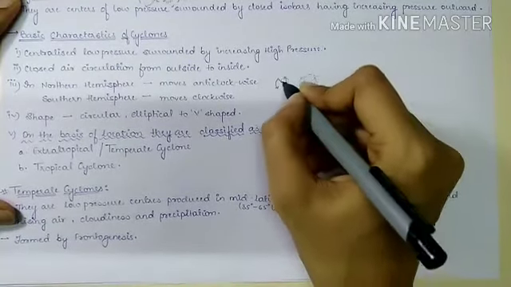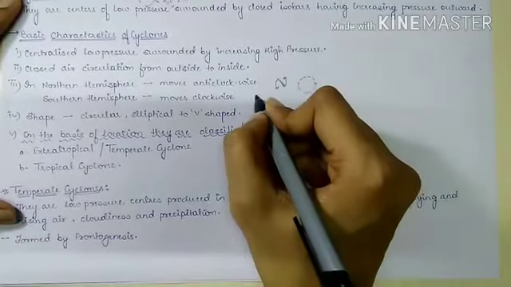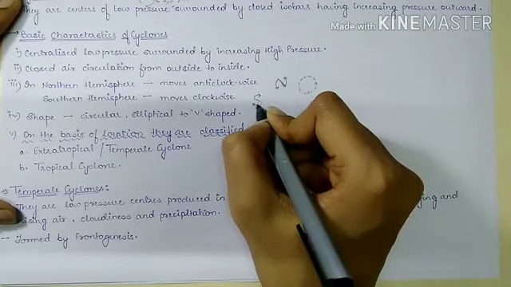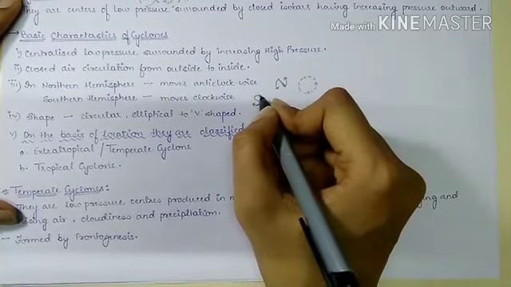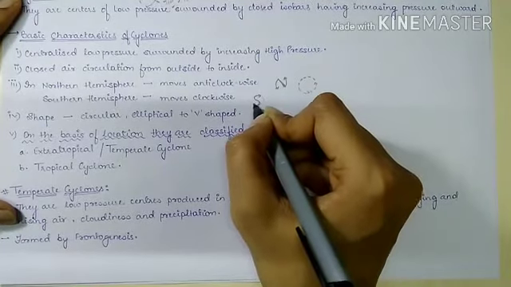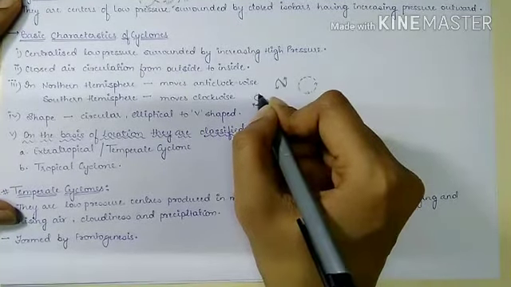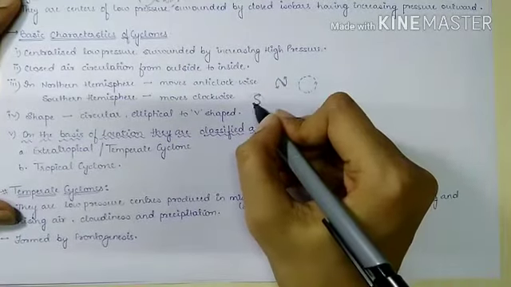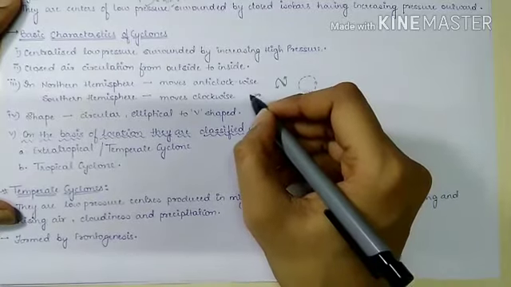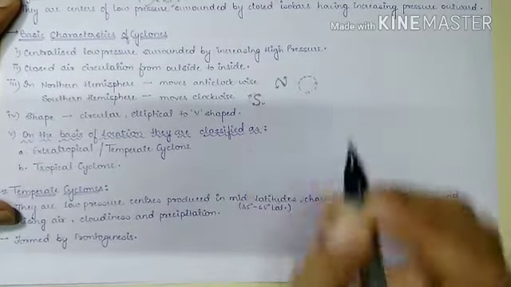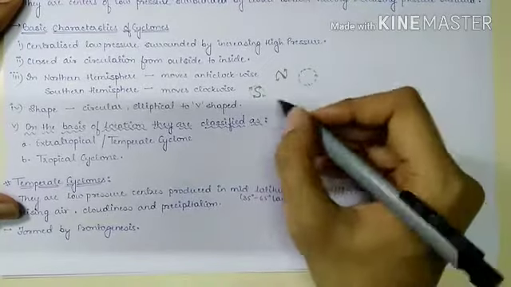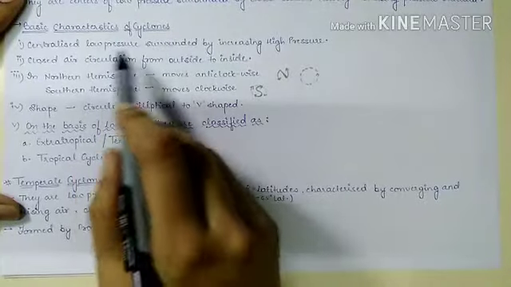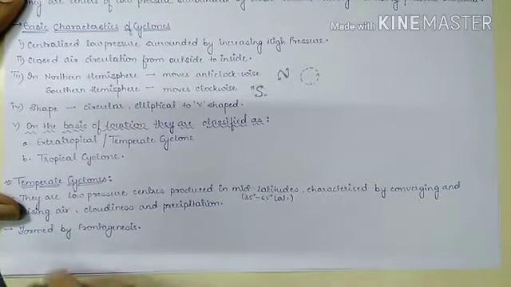So in the northern hemisphere it will move anti-clockwise, while in the southern hemisphere it will move like this. So on both ends, if we put an arrow and then move it in its direction, then in the southern hemisphere the cyclones will move clockwise. So this is a simple trick which will make it easy to remember the direction of movement of cyclones in the northern and southern hemisphere.